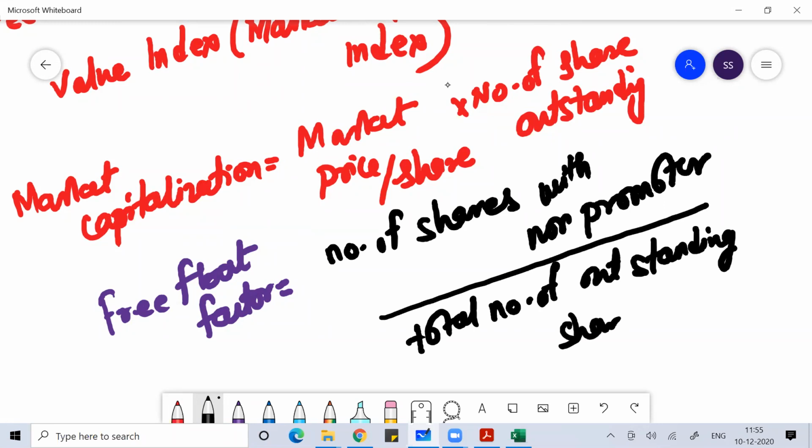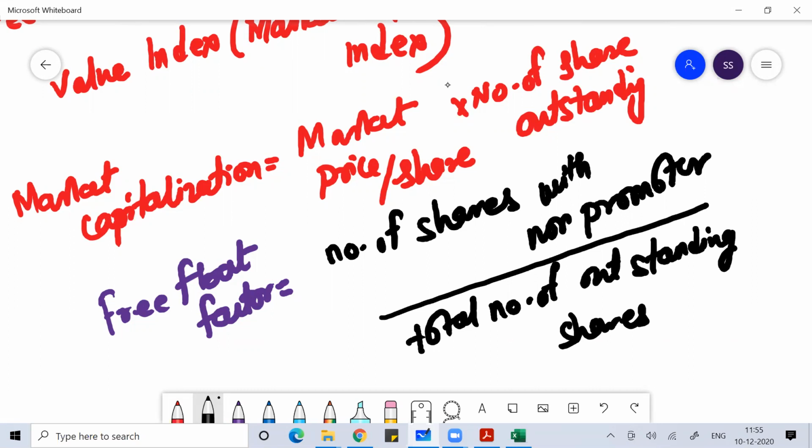Outstanding shares means the total number of shares which they have diluted in the market. The numerator is the number of shares which are liquid in nature, so the free float factor gives you a value between 0 and 1.